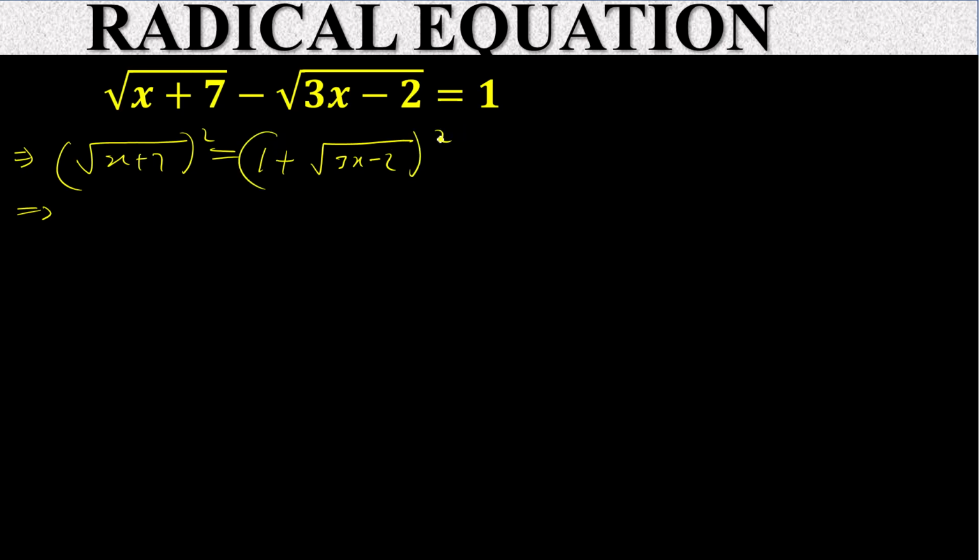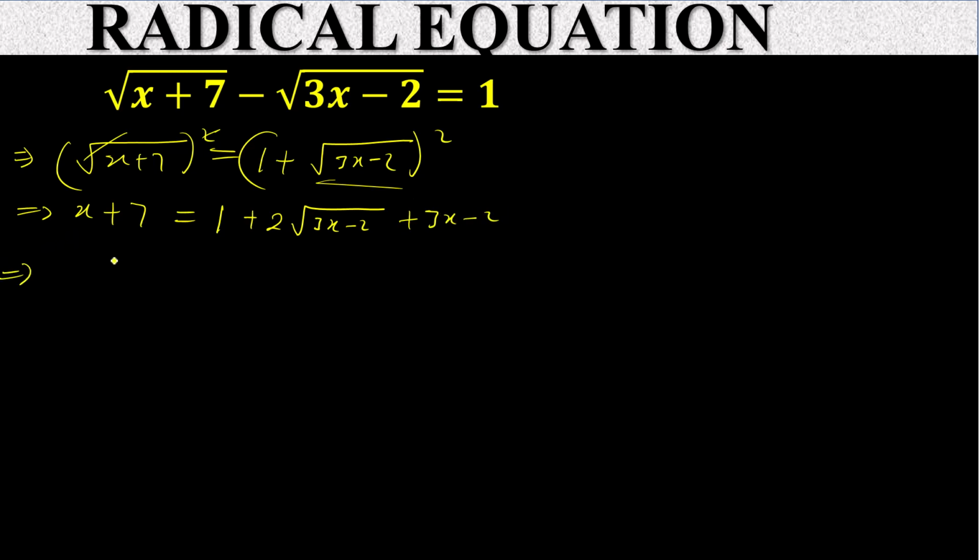This one will cancel. So we have x plus 7. Let's square the first term, 1. Then 2 times 1 times this, we have plus 2 root 3x minus 2. After that, we square the last term to take away the root sign.